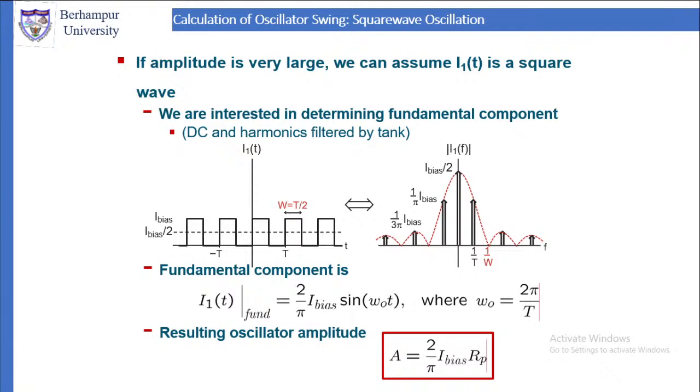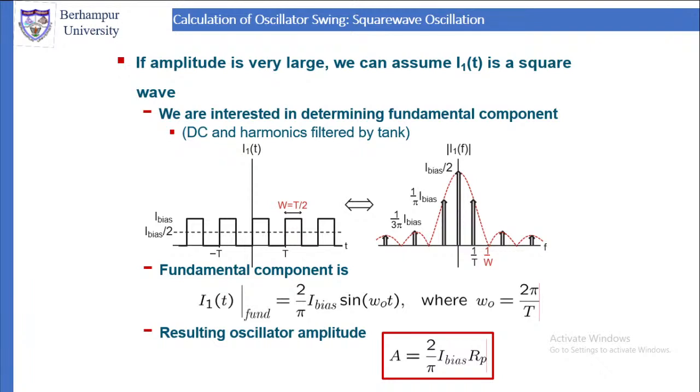Now if the amplitude is very large, A is very large, we can assume that I1(t) is a square wave. Instead of a sine wave, because it is very large, the portion over which it is nonlinear can be taken as a straight line.